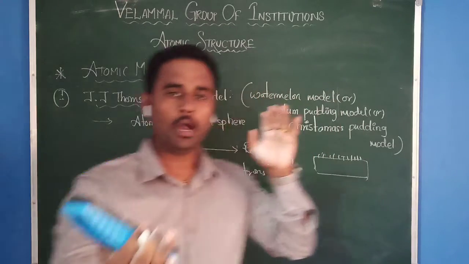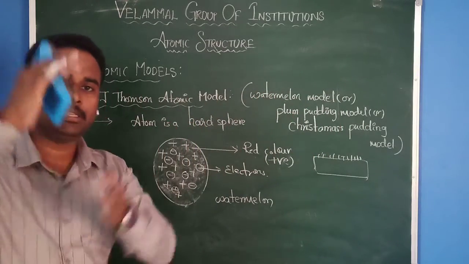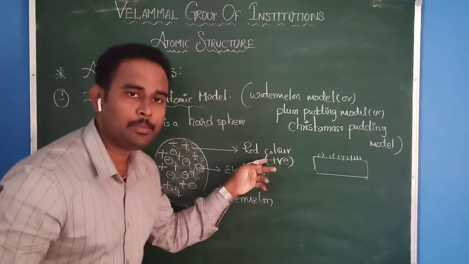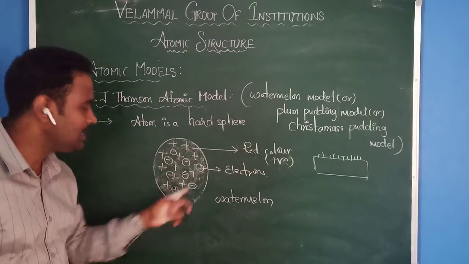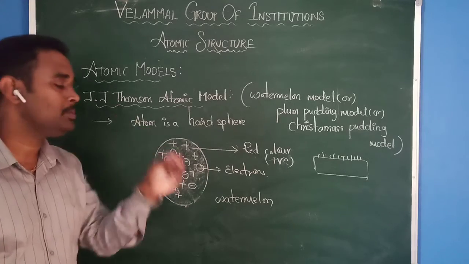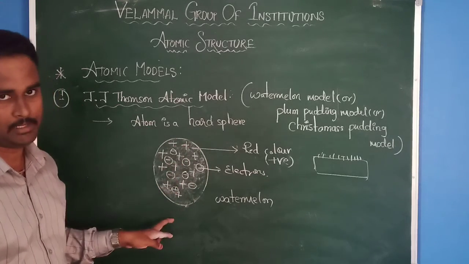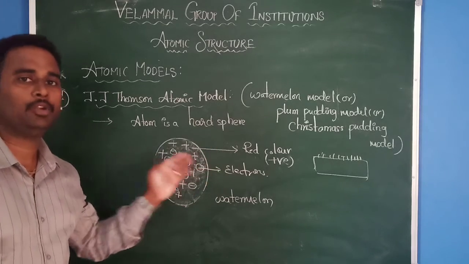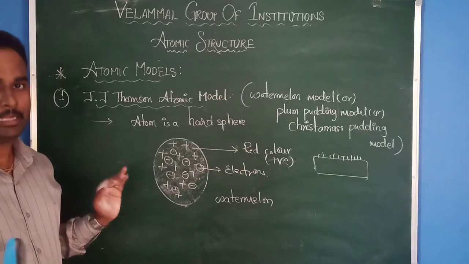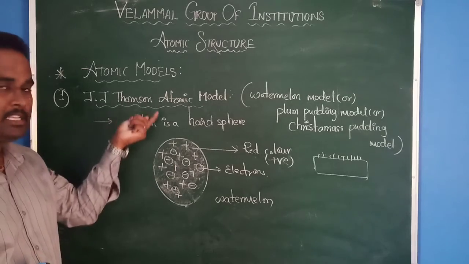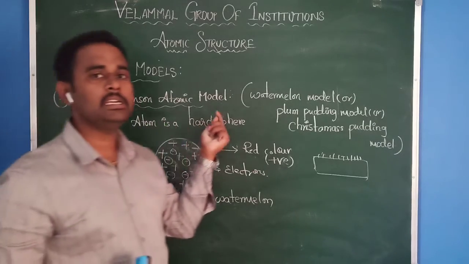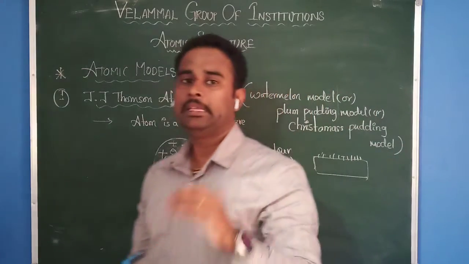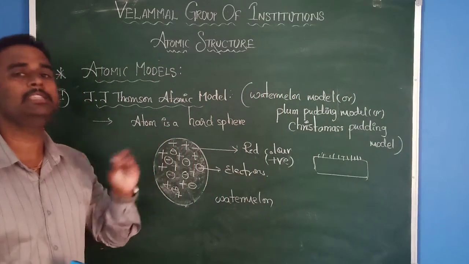That means in watermelon, how the red color part is spread over the watermelon, same like that only positively charged particles are spread over the sphere and negatively charged particles are embedded in it. Like this he explained protons and electrons are present inside the atom. This model we can call the J.J. Thomson atomic model. But unfortunately, this model is a failure.